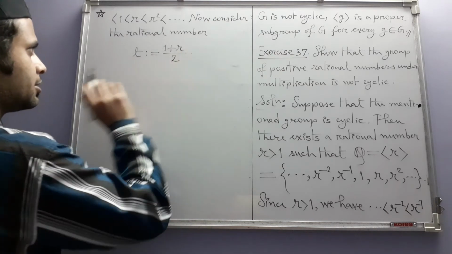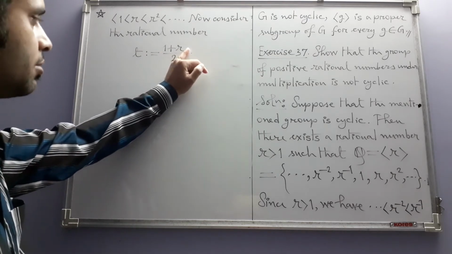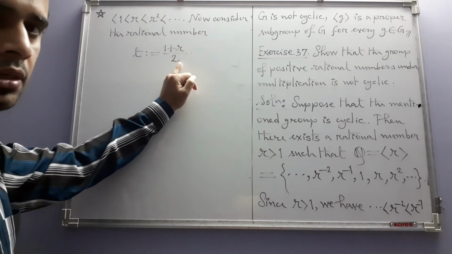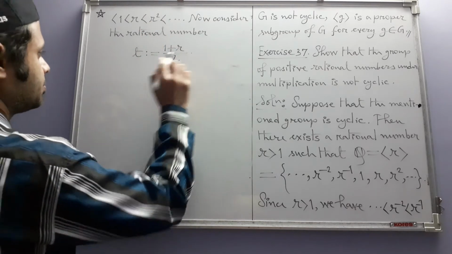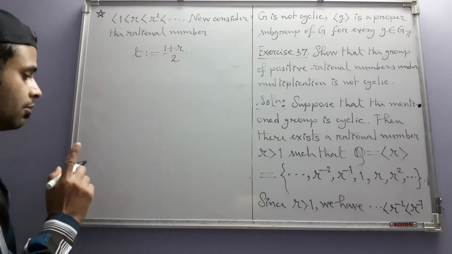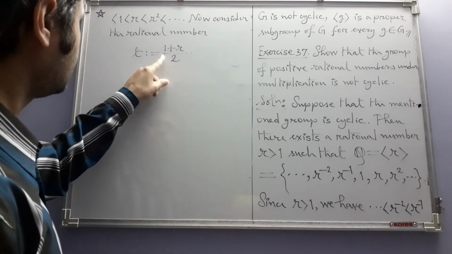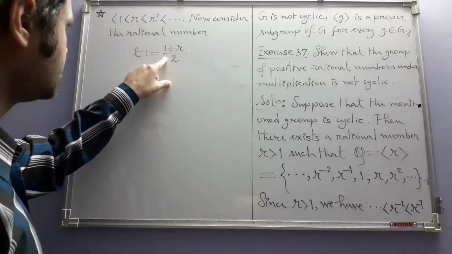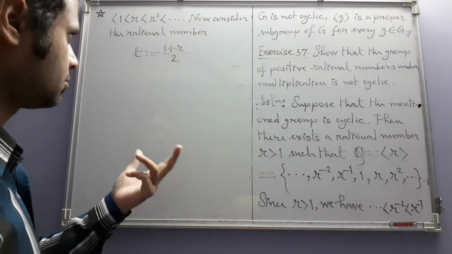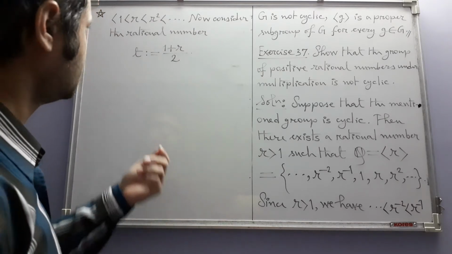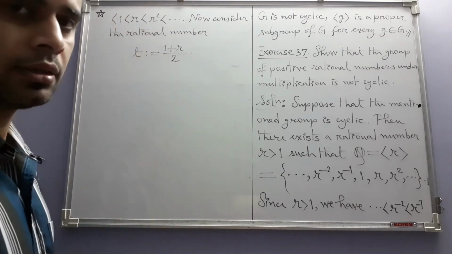There is no doubt that this is a rational number because we have added two rational numbers 1 and r, and we have divided that sum by 2, so this is a rational number. And we know one more thing, this is the midpoint of 1 and r. The thing we need from this is that it strictly lies between 1 and r.